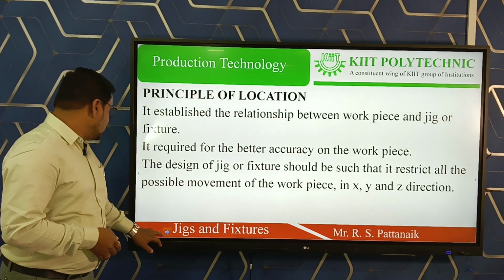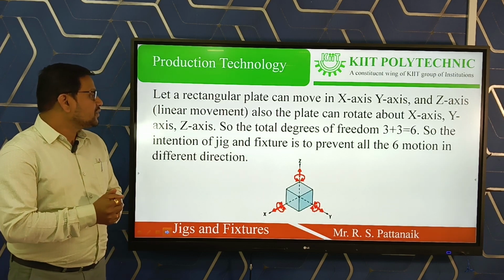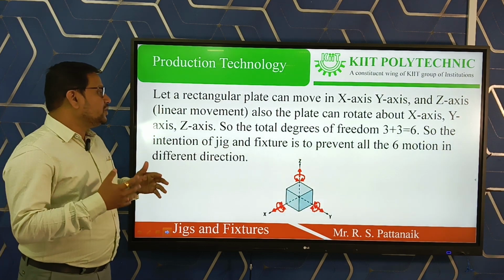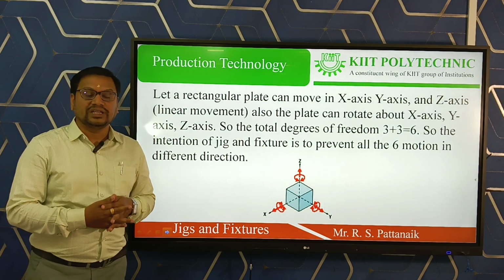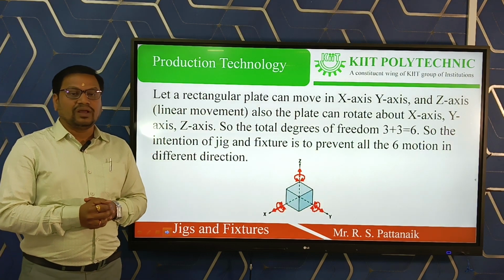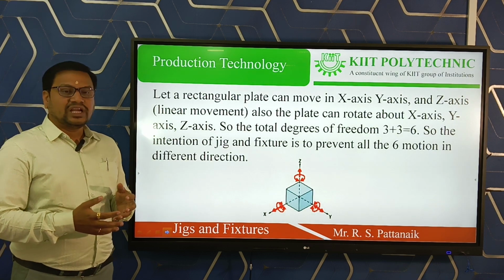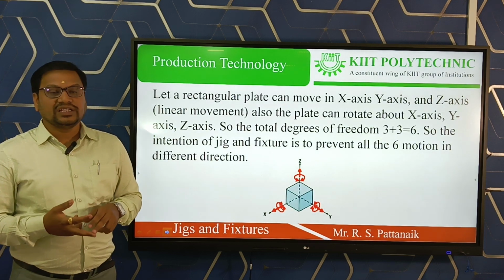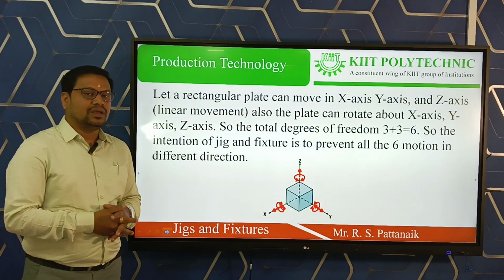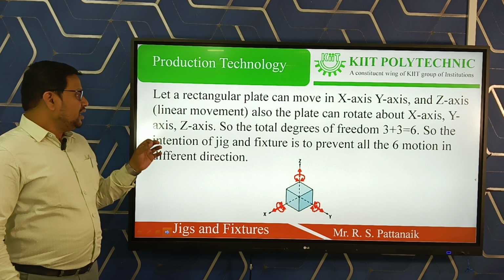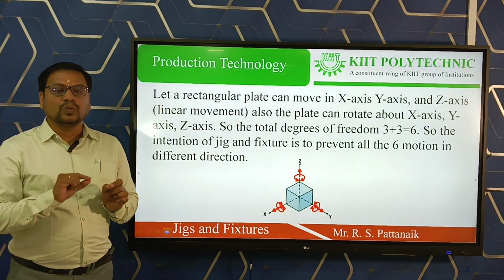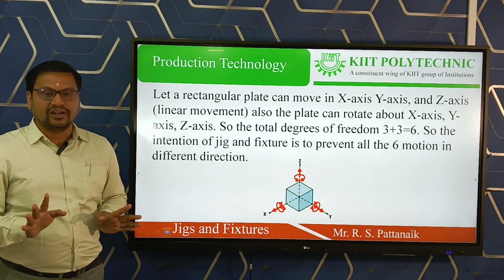Then what are the degrees of freedom? In the principle of location, we should know the number of degrees of freedom. Suppose we consider a rectangular plate which can move in the x-axis, y-axis, and z-axis linearly.